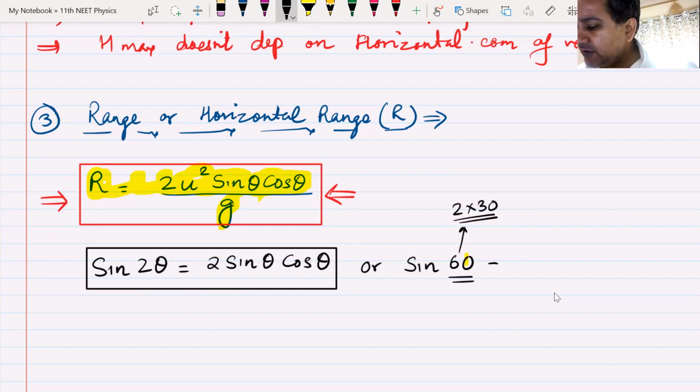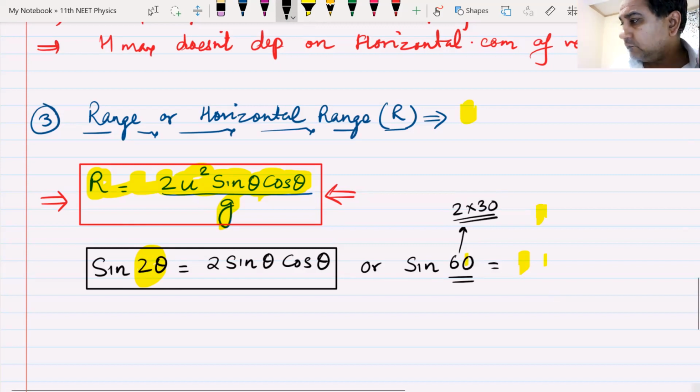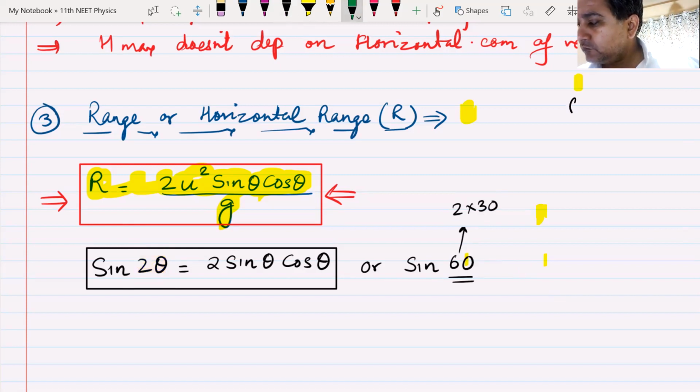So sine of 60 will be nothing but, putting this formula here, sine of 2 theta, 2 multiplied by 30, will be equal to 2 times sine of 30 multiplied by cos of 30.